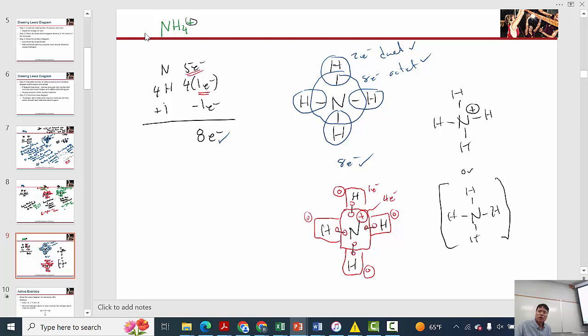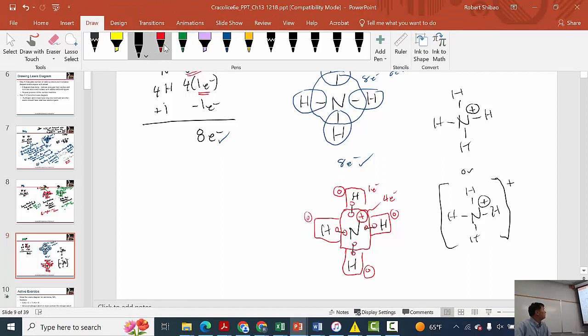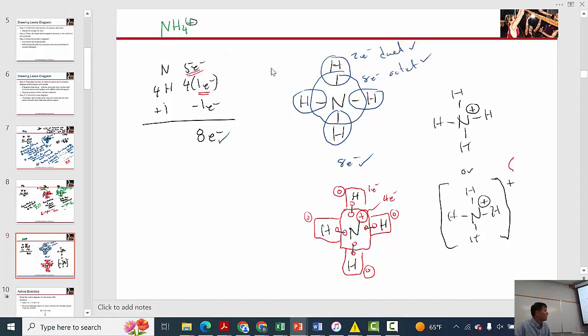And so the net charge on this is plus due to the positive formal charge here. And so the way we read this is +1 plus 0 plus 0 plus 0 plus 0 gives us a net charge of +1. And so that's the net charge on the outside of the bracket here.